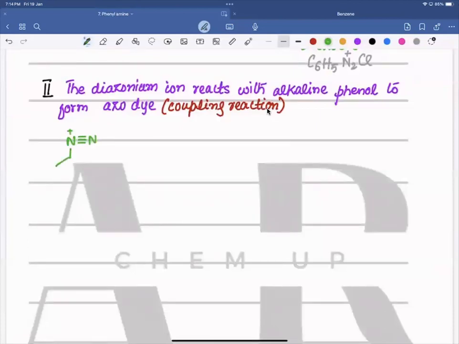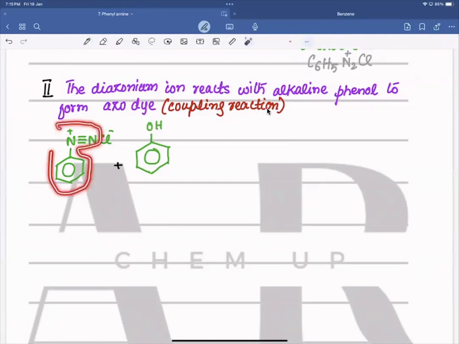This is a positively charged ion, which means it's an electrophile, right? Yes, sir. And here we mix the phenol in alkaline condition. So for phenol, isn't it that this thing acts as an electrophile, because it's positively charged?